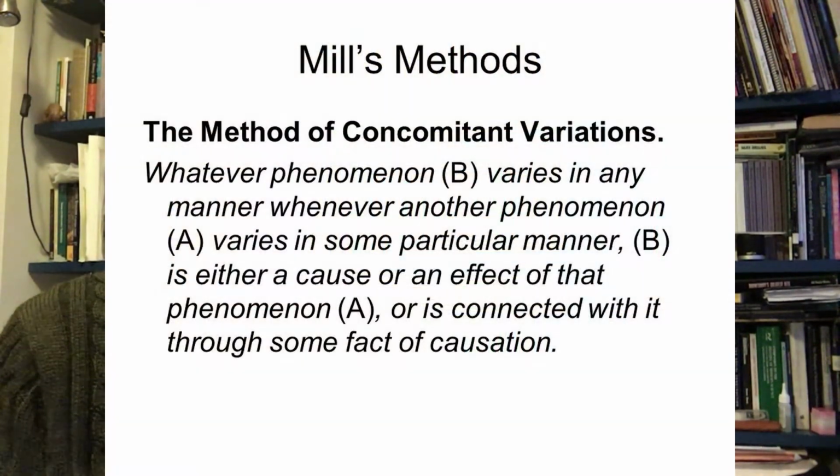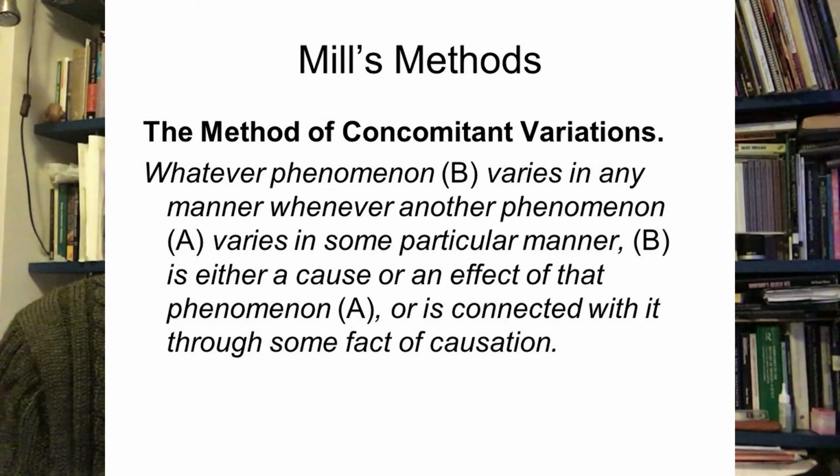Either the pizza stain on your shirt is there or it isn't, right? I've been talking about things being either present or absent, either on or off. The last of Mill's four methods is the only one that is quantitative, right? That talks about how much. And that is the method of concomitant variations.